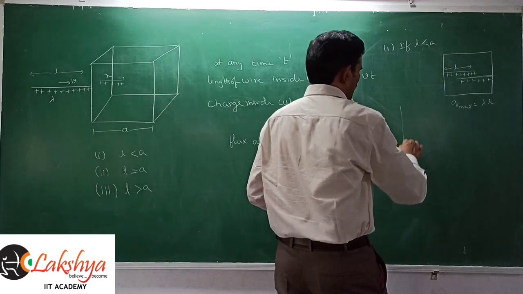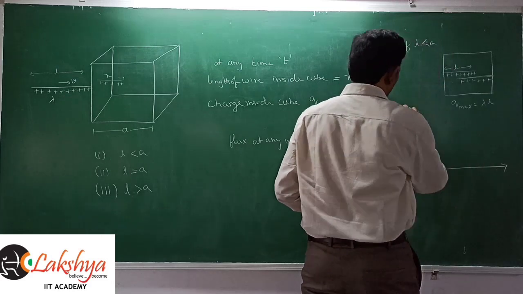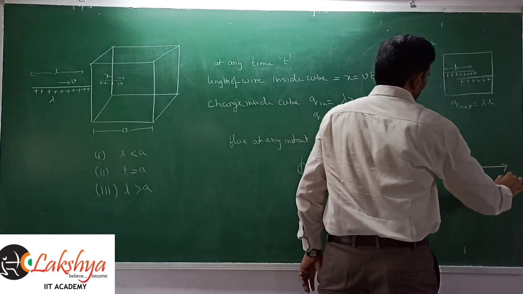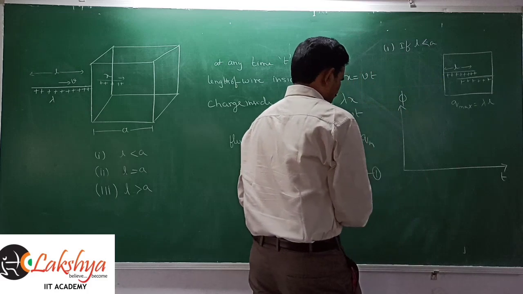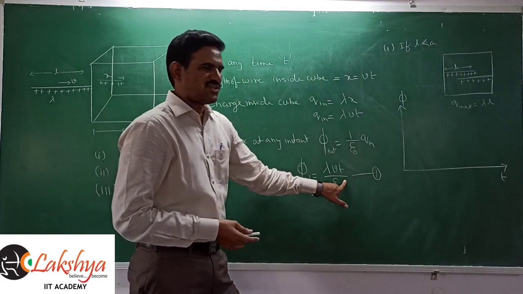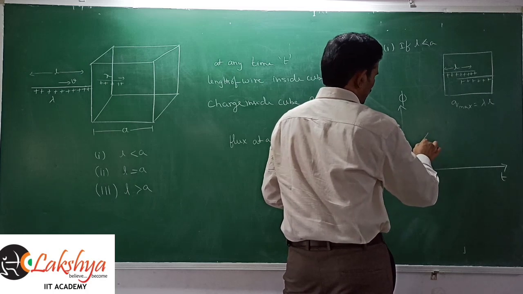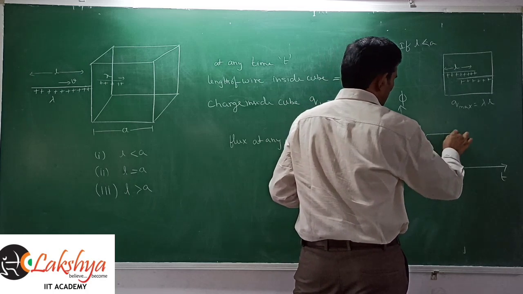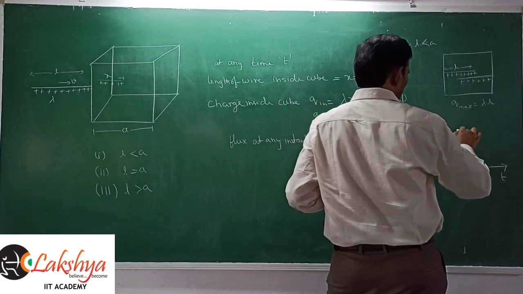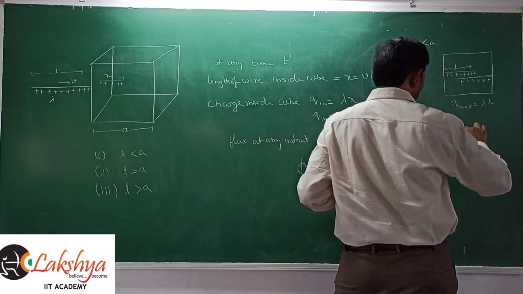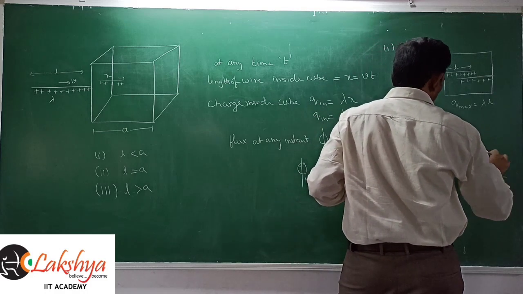I can represent this variation as flux versus time: initially it is directly proportional to t, so the flux goes on increasing, reaches a maximum value, remains constant for a certain interval of time, then it decreases.